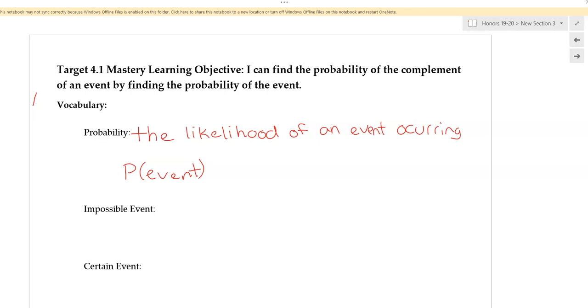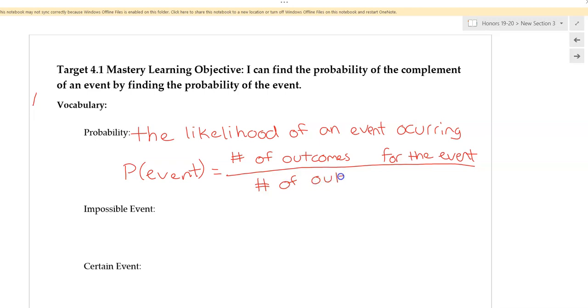So the probability of an event is the number of outcomes for the event divided by the number of outcomes total.